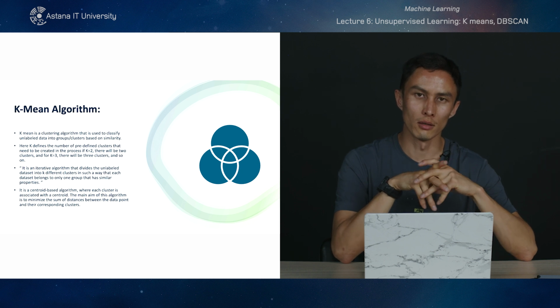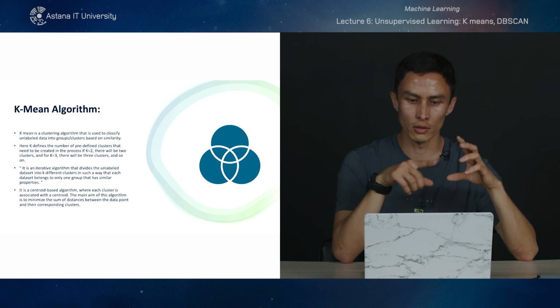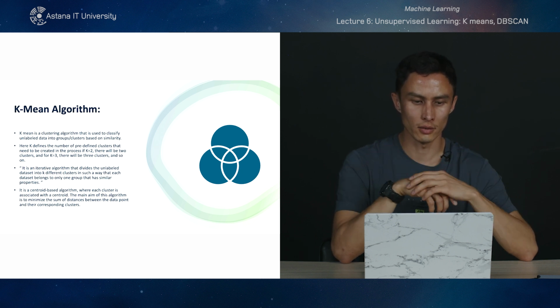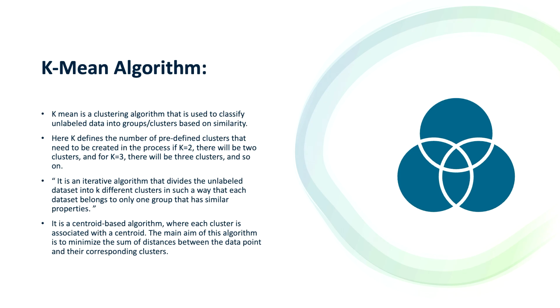The k-means algorithm is an iterative algorithm which divides data points iteratively into different clusters with similar properties. This algorithm is also called a centroid-based algorithm, where each cluster is associated with some point which is called a centroid.